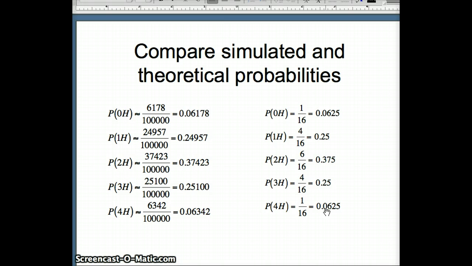Now the law of large numbers tells us that as the number of trials goes to infinity, the simulated probabilities should get closer and closer to the theoretical probabilities. So if I wanted closer answers, rather than using 100,000 trials, I might use 1,000,000 trials or 10 million trials.